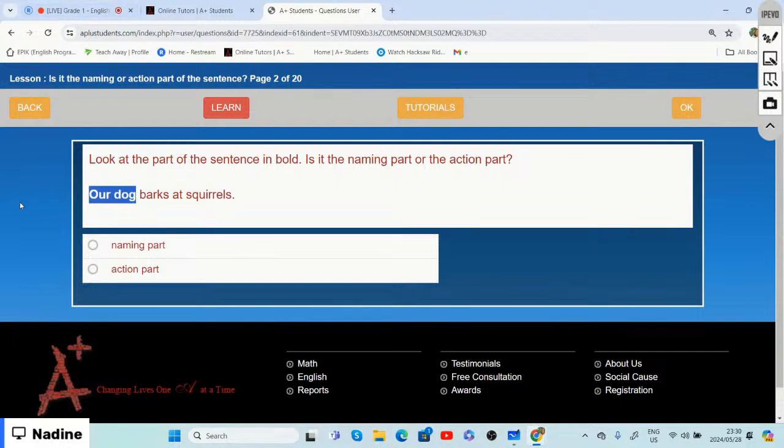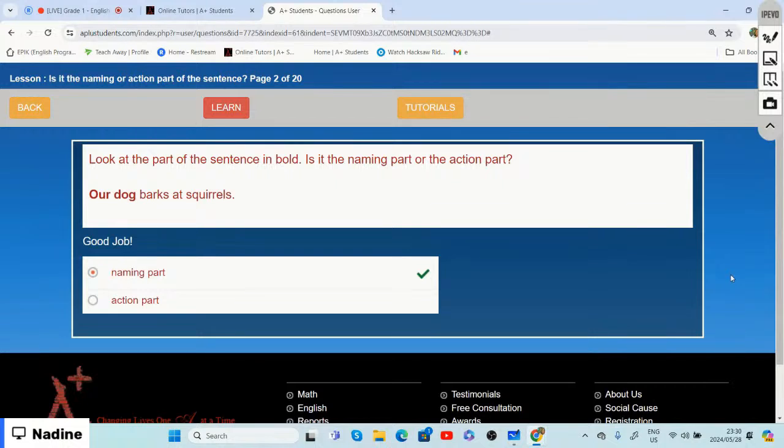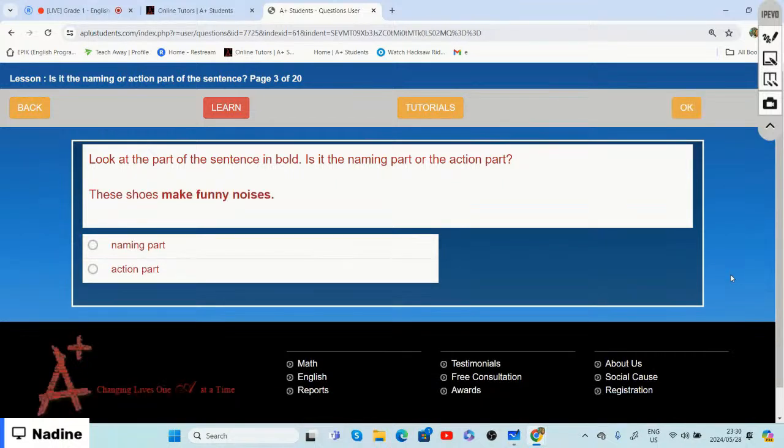All right, if we look at the words our dog, then we can say our dog is a naming part because it tells us who or what the sentence is about. So it is about our dog.